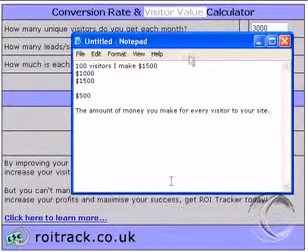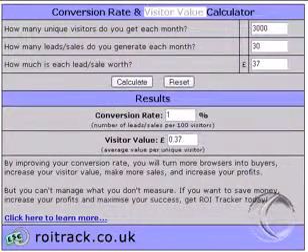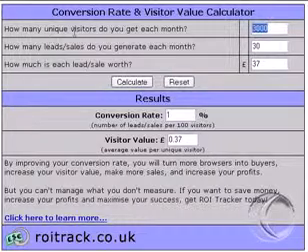Let me just do a live example for you here. Let's say that you get 3,000 visitors to your site each month. Let's say that you generate 30 sales out of those 3,000 visitors. This is actually an example from a product that I sell in a niche market. And then each sale is $37.